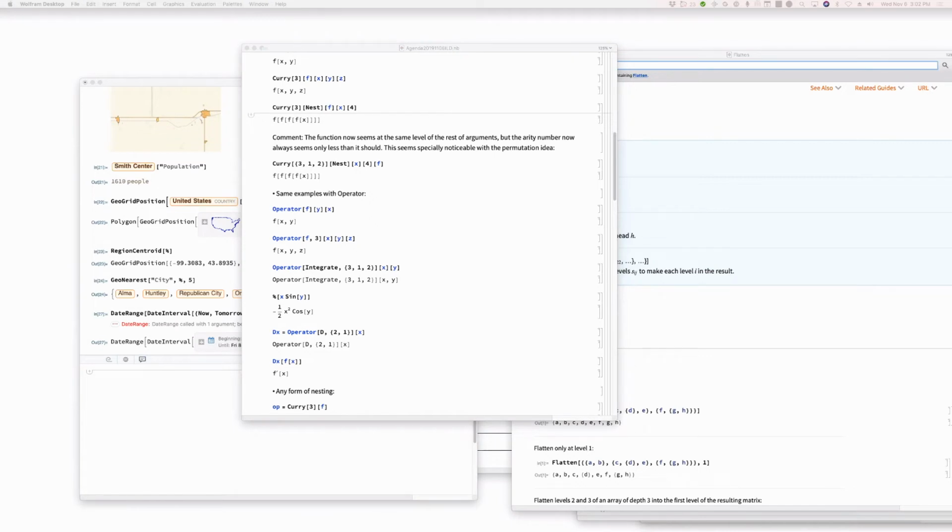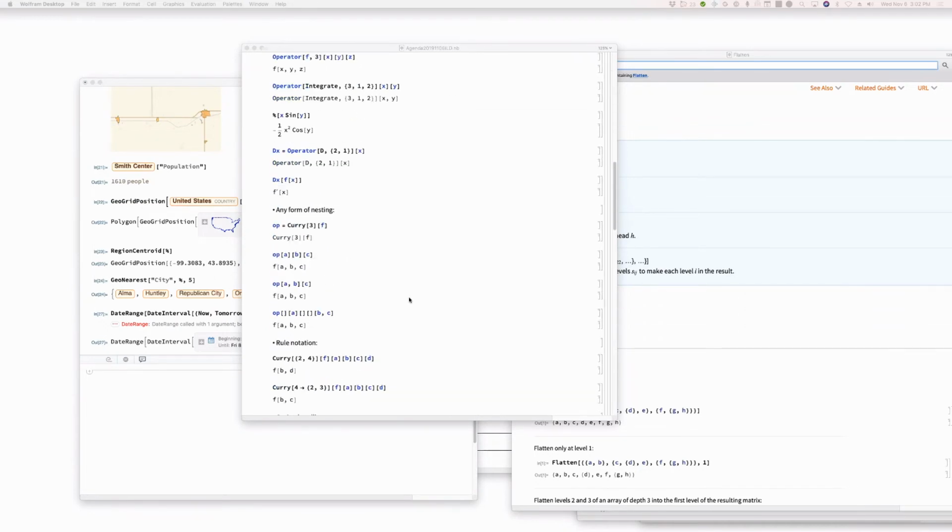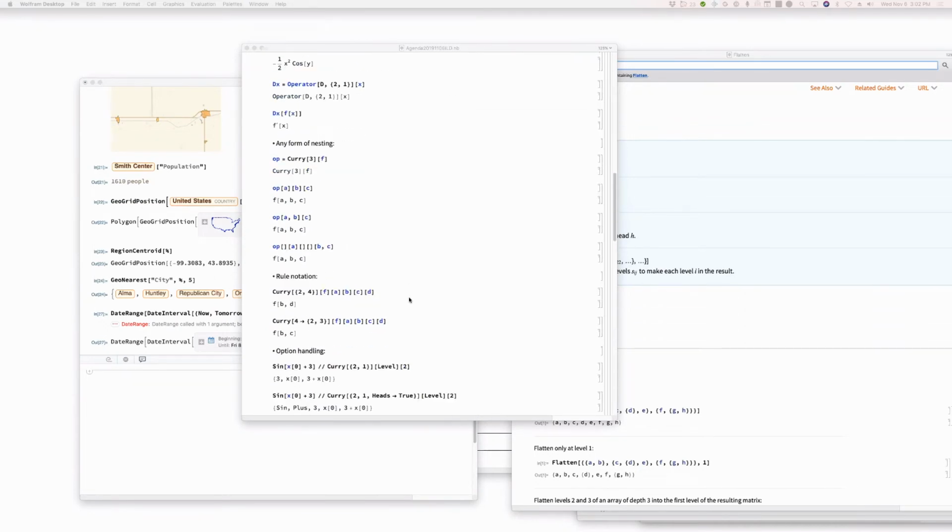I have added a list of our current operator forms further down, just to see the overwhelming presence of the second argument being curried.